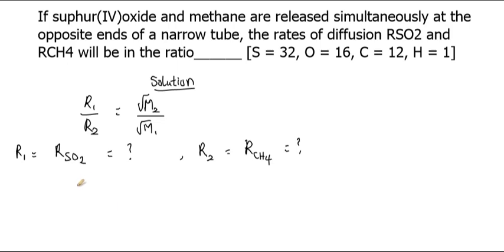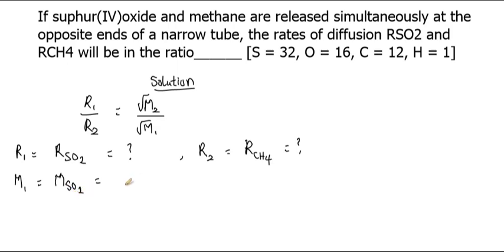Starting with the first gas, which is sulfur oxide, we have M1 equals M subscript SO2, and this is equal to the molecular mass of SO2. We sum the atomic mass of each element present.